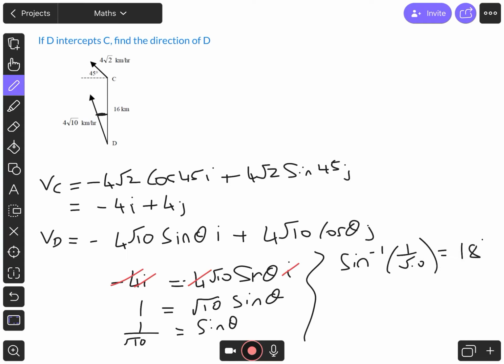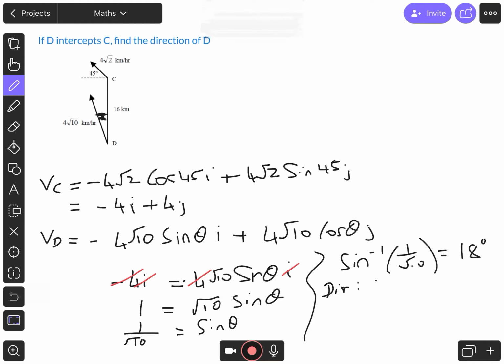Okay. So if I'm looking then for this, I'm going to write sine inverse of 1 over root 10, and I'm going to round that to be 18 degrees. So if that's 18 degrees, this angle in here is 18 degrees. So what you can say then is, if you're looking for a direction, generally again we read the directions from our y-axis up or from our west or east side.